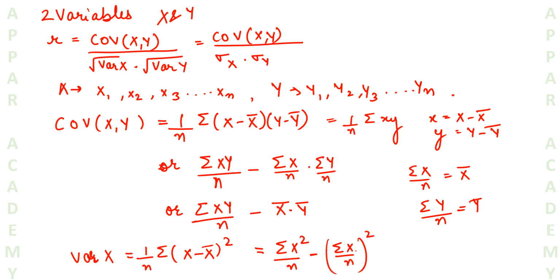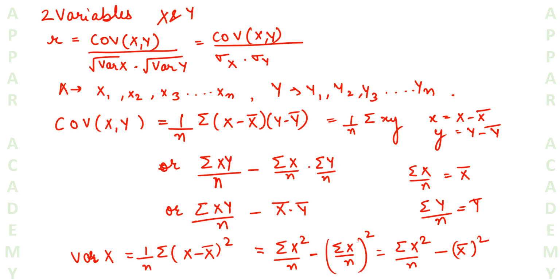This also we have known, we have already studied variance very deeply in our earlier videos. Or we can also say this is summation x square upon n minus x bar square. Yes or no? So these are different formulas for variance of x. Similarly, we have formulas for variance of y.